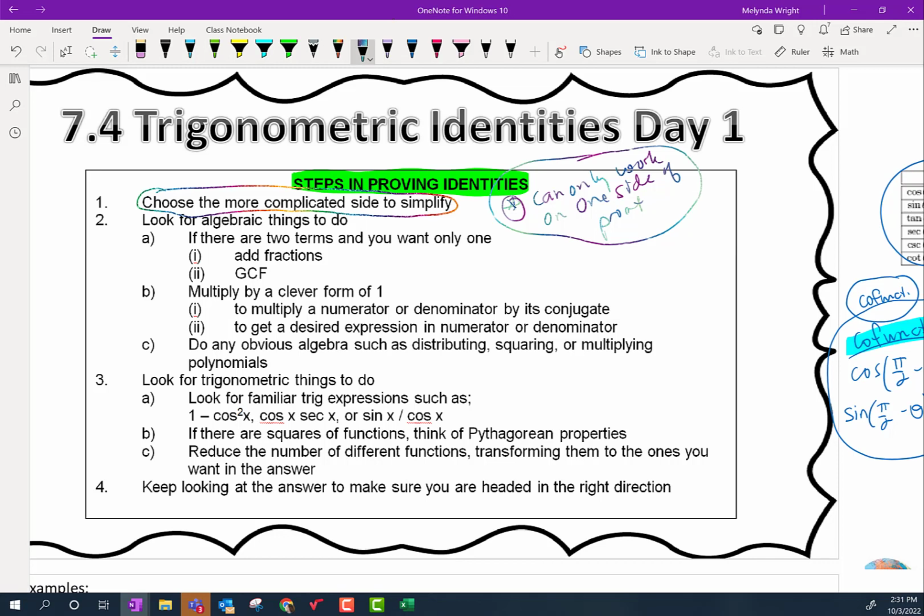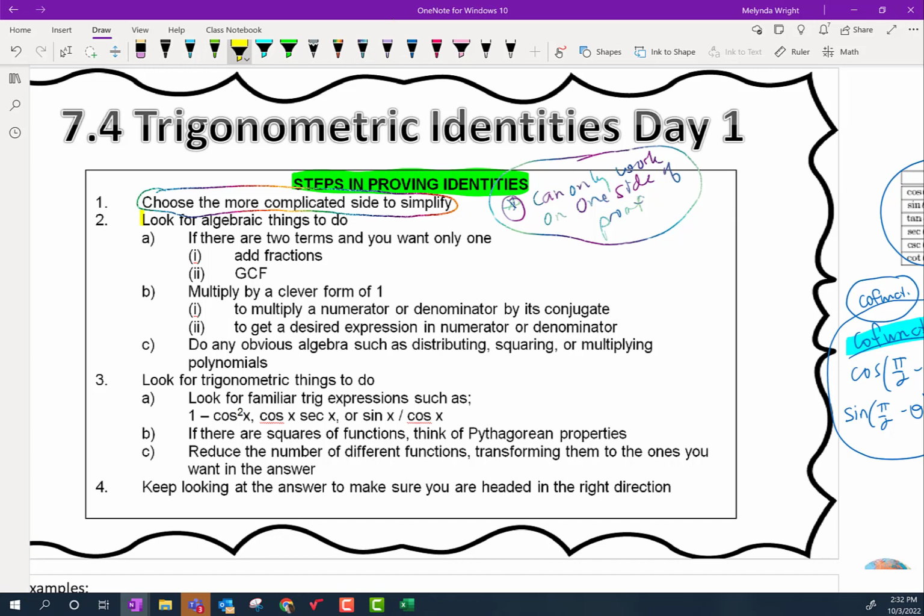That is not this type of proof. It's not a transitive proof. This is just a proof where we want to take one side and turn it into the other. So this is really important: just pick one side and leave the other side alone. Don't touch it. Now, what kinds of things are we going to do? There's several different kinds of things that we can do.